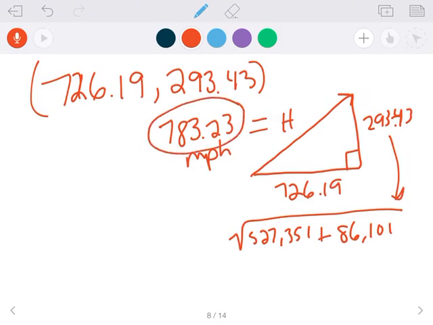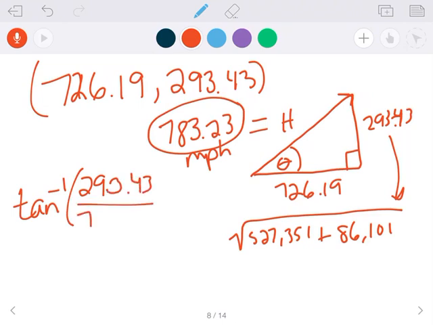And then to figure out the direction, we just need to know this angle, and we can use inverse tangent to do that. So the inverse tangent of the opposite side over the adjacent side will give us the angle.